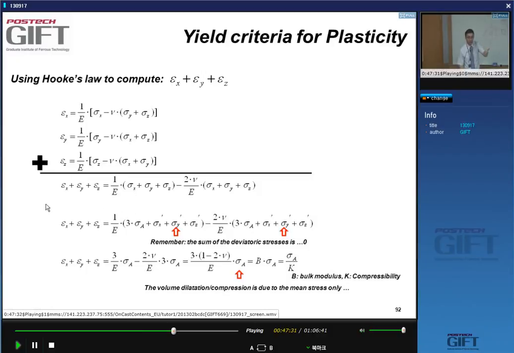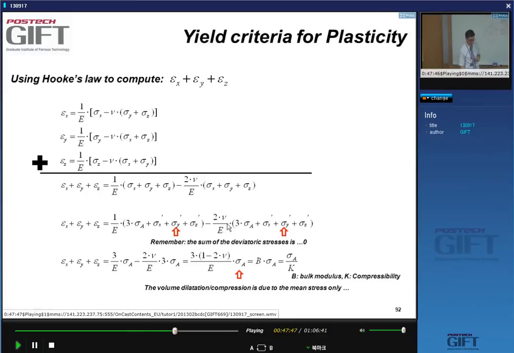Yes, I find 3 times sigma a, plus sigma x prime, sigma y prime, plus sigma z prime. And this sum of deviatoric stresses is 0.